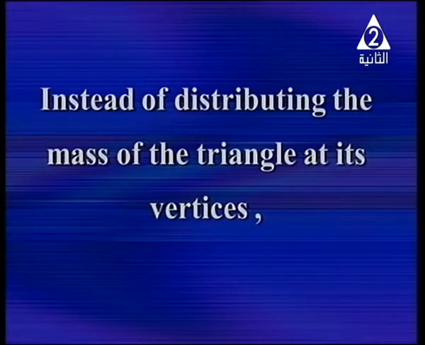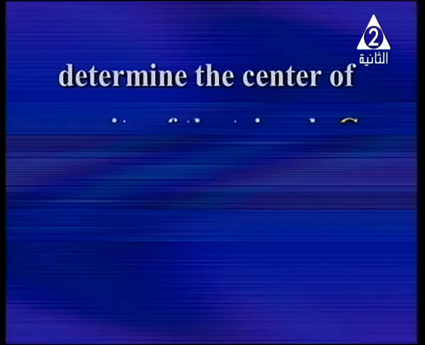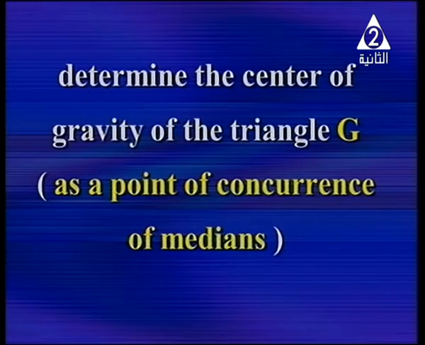Instead of distributing the mass of the triangle at its vertices, determine the center of gravity of the triangle G as the point of coincidence of its medians. What is the point of coincidence of the medians? It divides each median in the ratio 2 to 1 from the vertex, or 1 to 2 from the base.